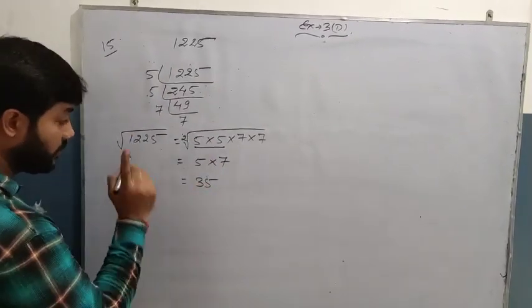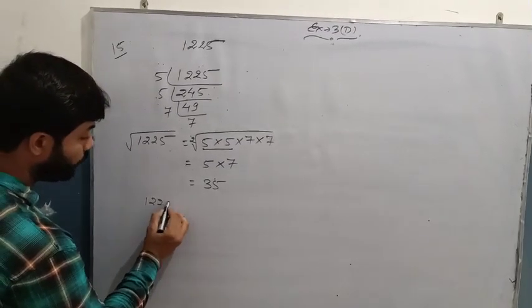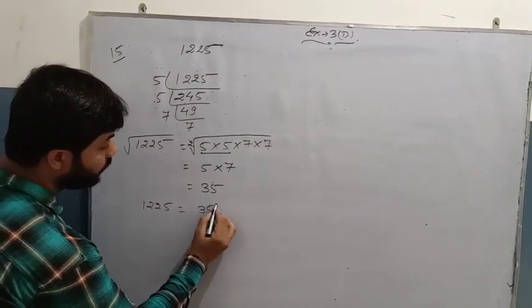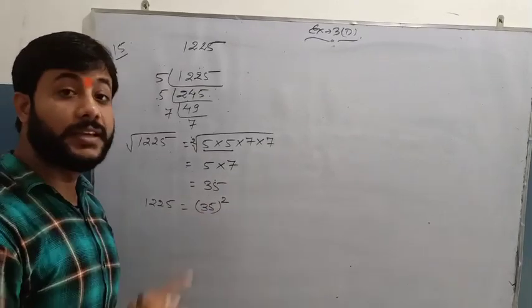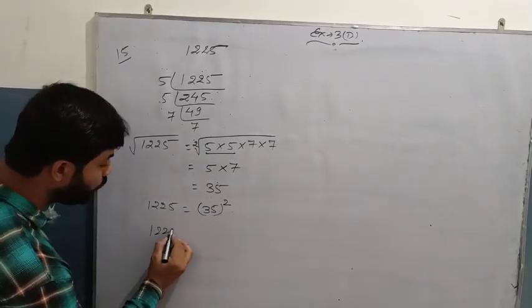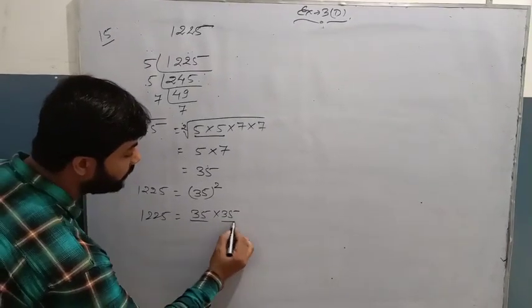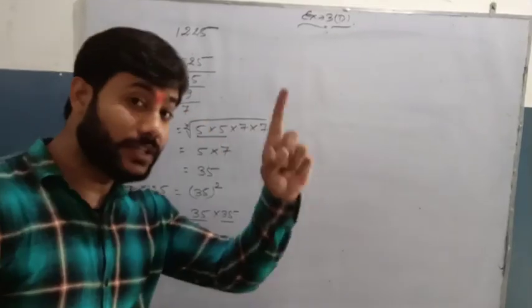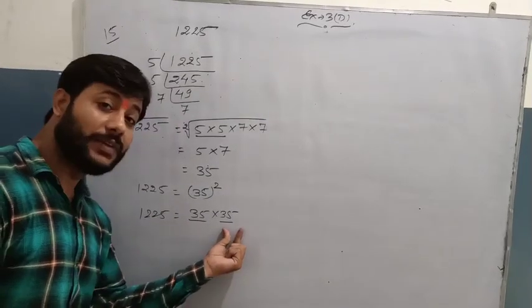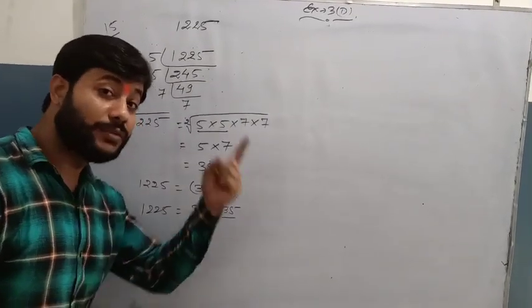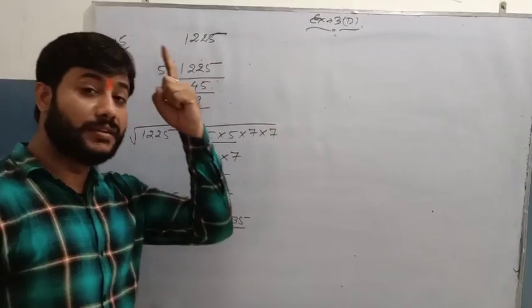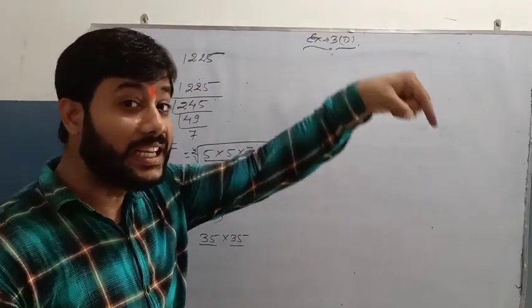Now my dear students, remember, 1225 is the square of 35. It does mean 1225 is equal to 35 into 35. Now here one thing is to be understood. 35 and 35, these are the number of rows and the number of plants planted in each row.